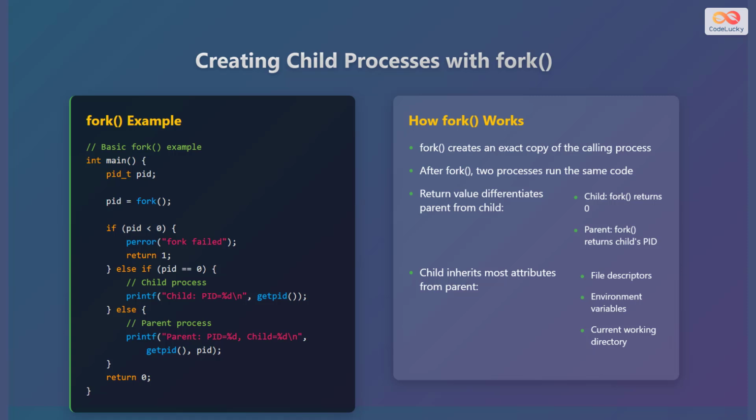In the child process, fork returns 0. In the parent process, fork returns the child's process identification. If fork fails, it returns a negative value. The child process inherits most attributes from the parent, including file descriptors, environment variables, and the current working directory.